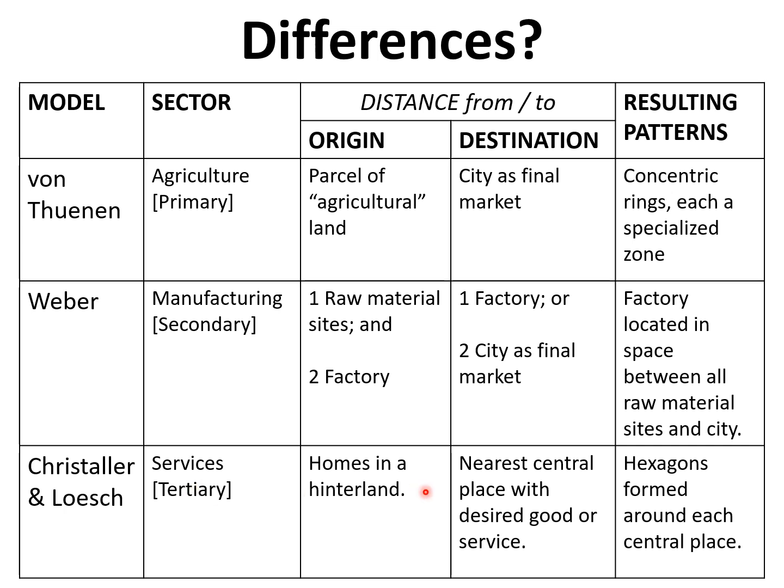And then with Christaller and Lusch, you end up with hexagons that are formed around each central place, and it creates these nested, overlapping hexagonal structures that sometimes remind me of beehives. Okay, so those are some of the differences.